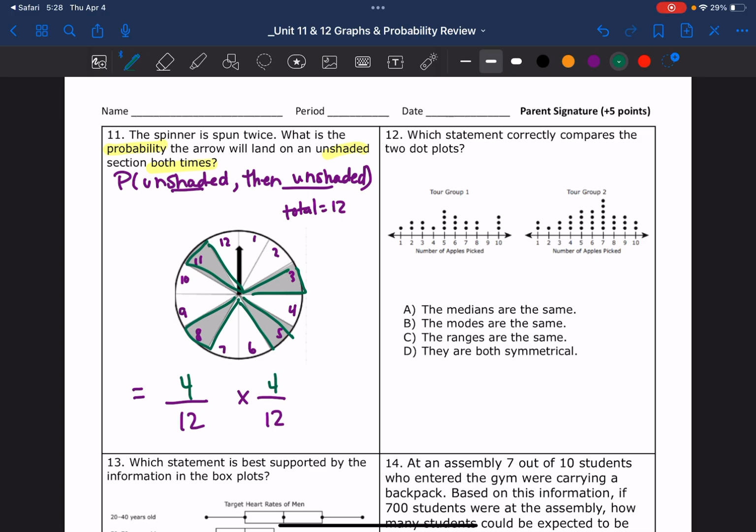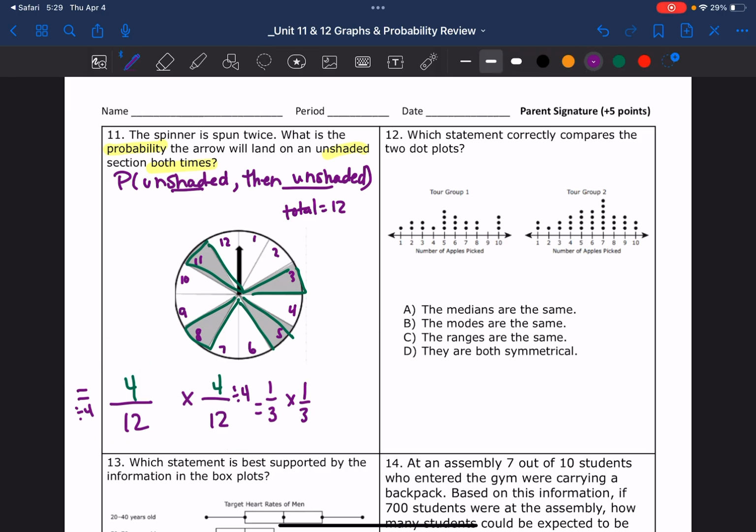Now I gotta simplify both fractions. Okay, so I can divide this one by 4, I can divide this one by 4. So that means what I'll have is 1/3, because 12 divided by 4 is 3, 4 divided by 4 is 1, times 1/3. And my final answer, let me move this a little bit this way.